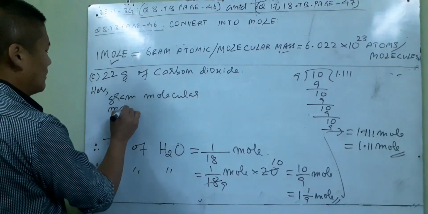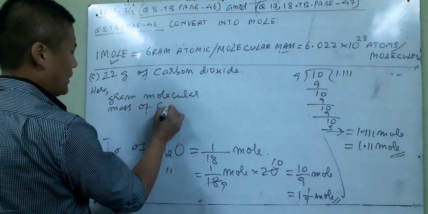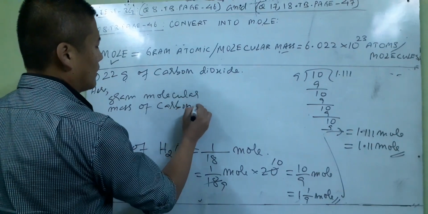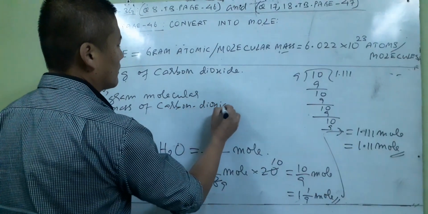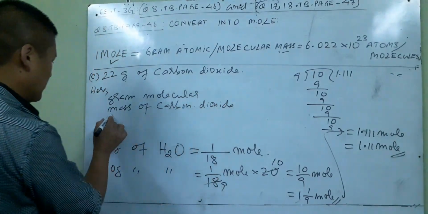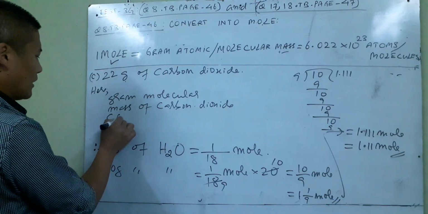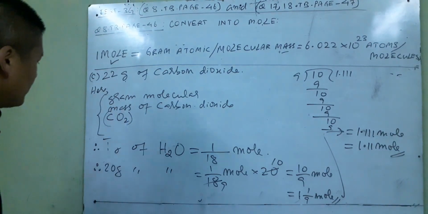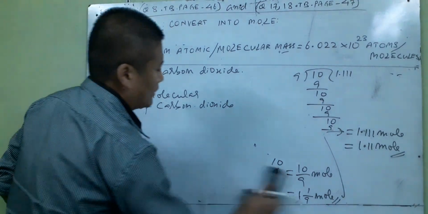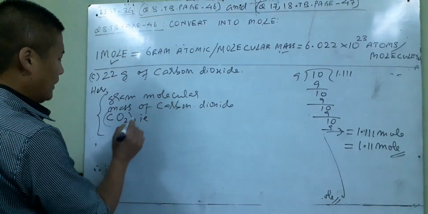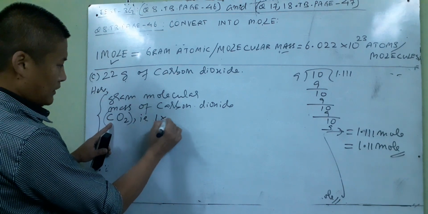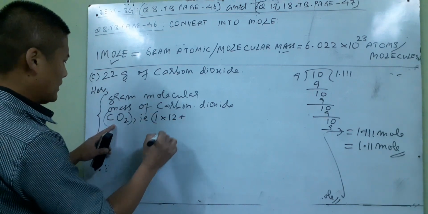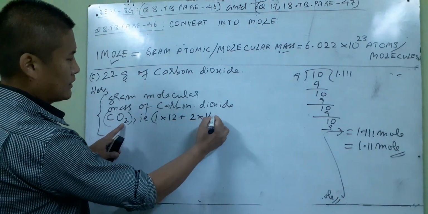So this same formula. So here, gram, again, I will write molecular mass of carbon dioxide. Why did we do that? Because the carbon dioxide formula is CO2. That's why. So now let us find the gram mass here itself. That is 1 carbon. So 1 into 12 plus 2 oxygen into 16.